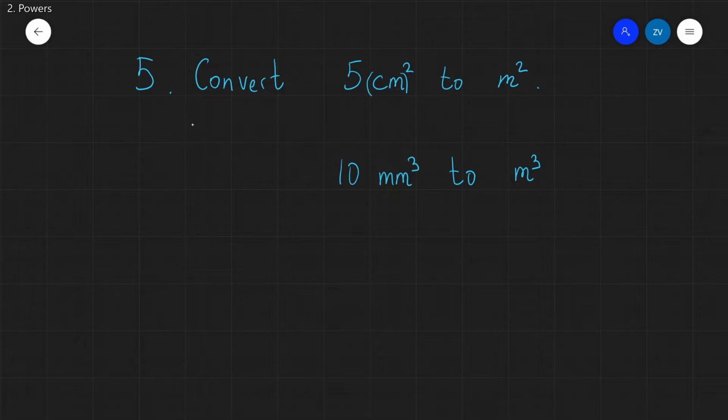So 5 centimeters squared is actually equal to 5, well, centi stands for 10 to the power of -2, times meters squared, which is equal to 5 times, now, 10 to the power of -2 raised to the power of 2 will give us 10 to the power of -4 meters squared.